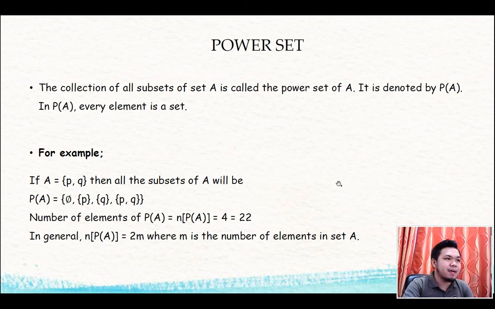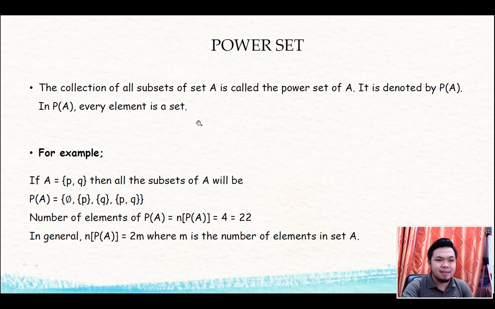In the power set, the collection of all subsets of set A is called the power set of A. It is denoted by capital P of A. In P(A), or the power set of A, every element is a set.